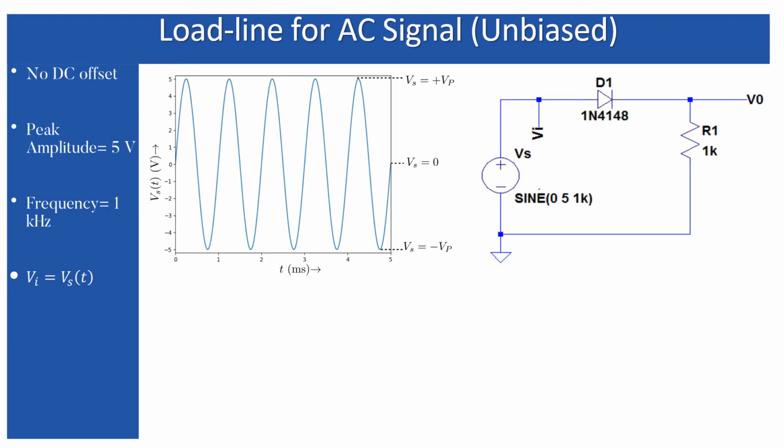Let's consider the input as an AC instead of the DC, but the analysis I have done for the DC is going to help to understand the analysis when the input signal is an AC signal. So this is the AC signal which is going to be applied as an input to this circuit. Now that AC signal is varying around the 0 voltage, and it has a peak voltage of 5 volt.